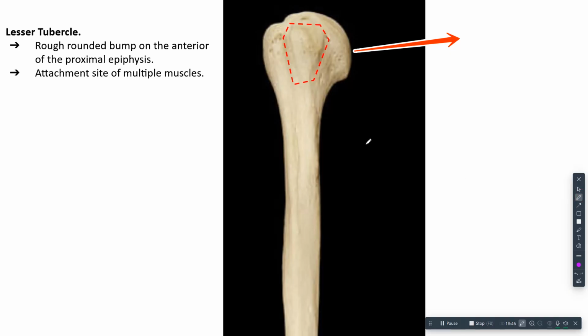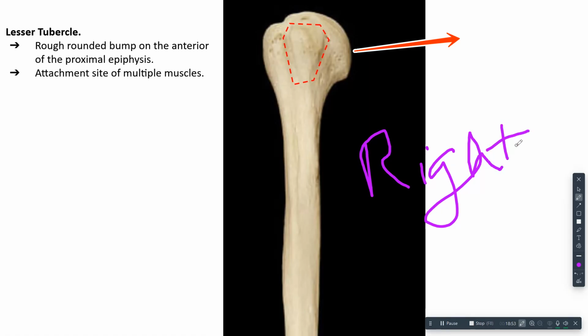Therefore, this bone is also a right. So that is a quick and easy way to tell if I have a right or left humerus. I look at the anterior surface. I know it's anterior because I see that lesser tubercle. I ask myself which side the head is pointing to, and in this case it's the right. Therefore, it is a right.